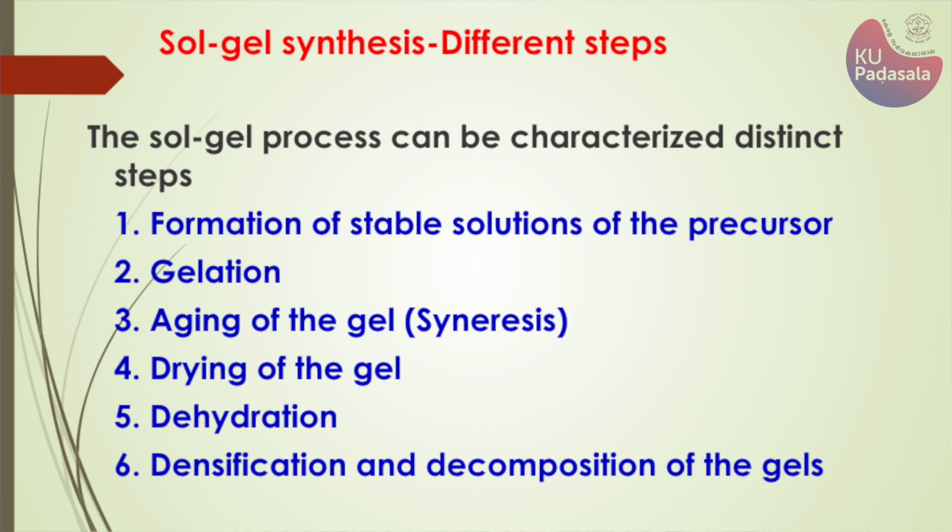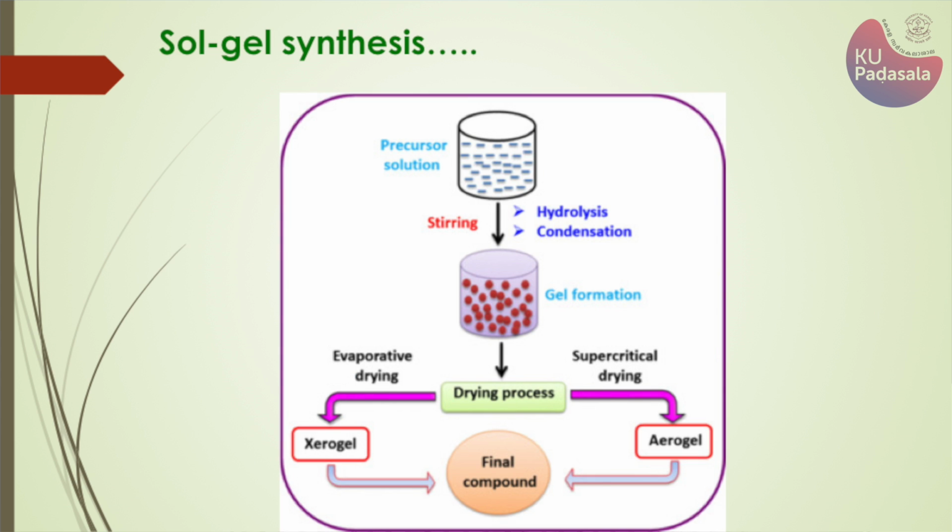The fourth step is drying of the gel. Then the fifth one, dehydration, and the final one, densification and decomposition of the gel to get nanoparticles of desired size. A pictorial representation of sol-gel synthesis is shown here. We will get a clear-cut idea of the sol-gel synthesis from the pictorial representation shown here.